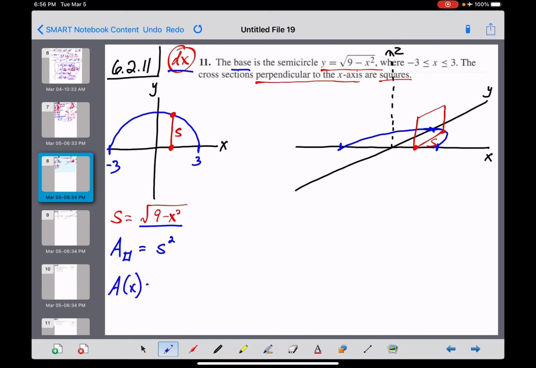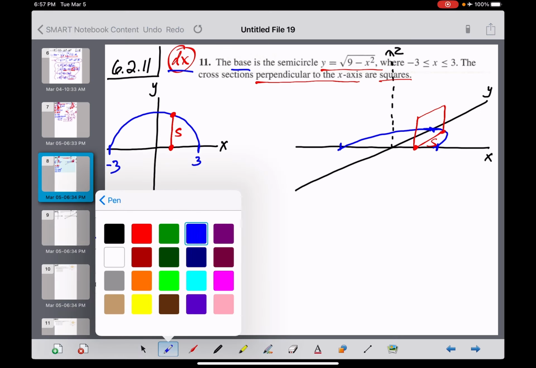So A of x is going to equal this S value squared. So it's going to be the square root of 9 minus x squared, squared. The square and the square root cancel each other out, and we just get 9 minus x squared for the area of any one of those infinitely many squares that we're drawing.